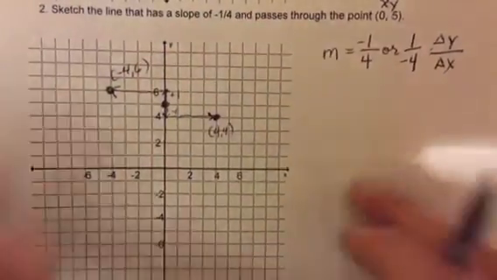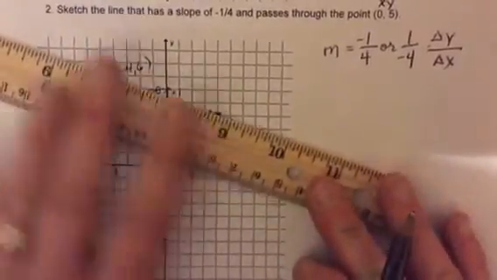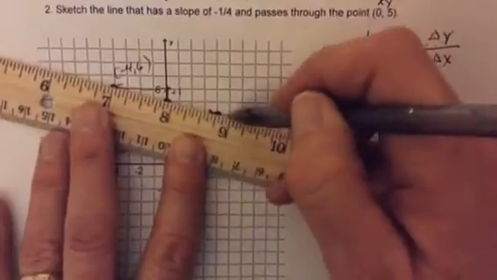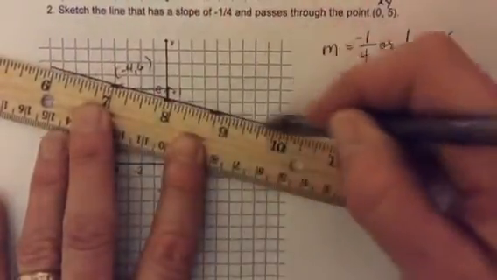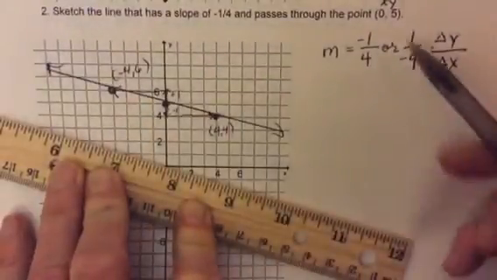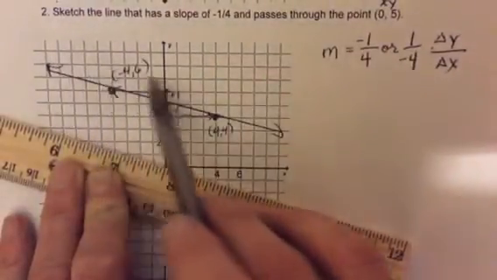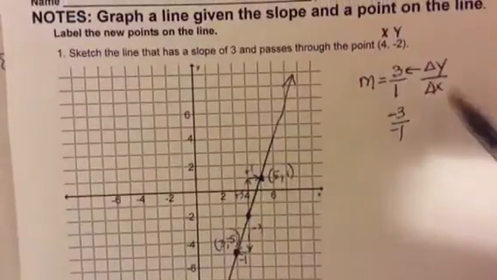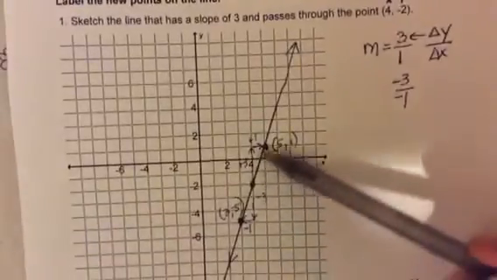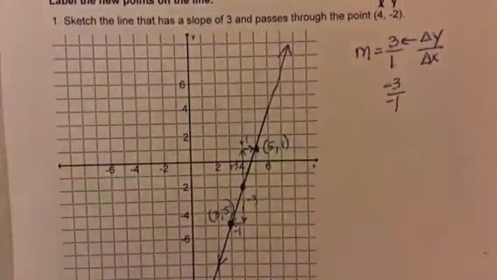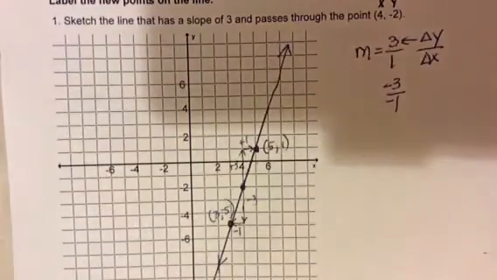And so that line passes through the point (0, 5), and we've got 2 other points to show from that slope. Notice that this one is supposed to be a negative slope, and it goes down, nice negative. The first one was positive, 3 over 1, and it goes up: positive. All right, so let's go to problem number 3.